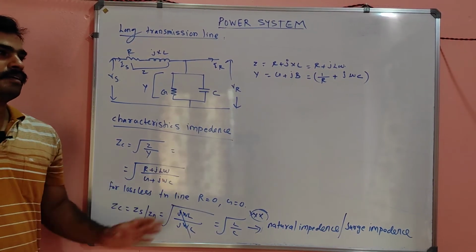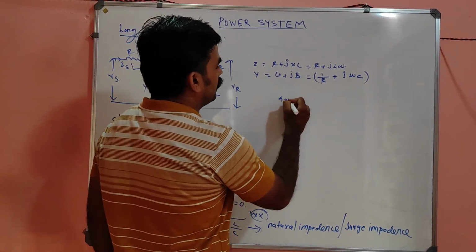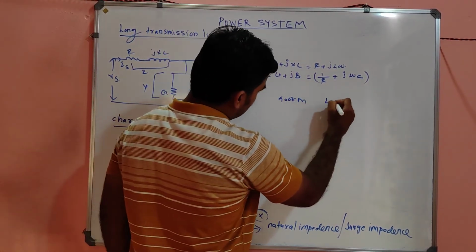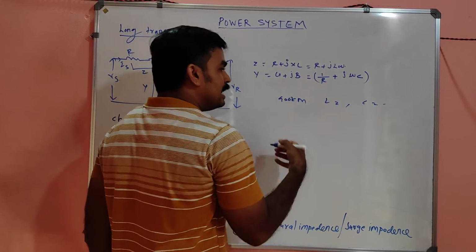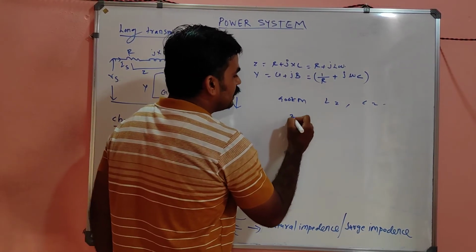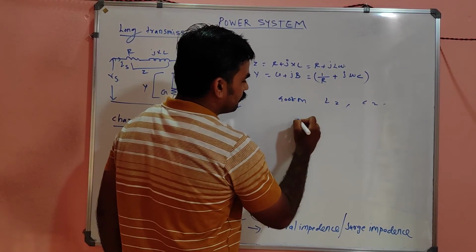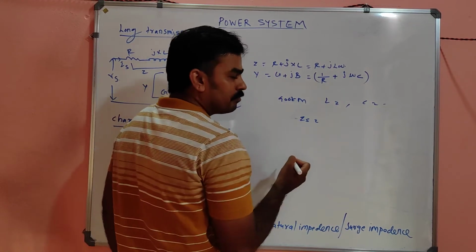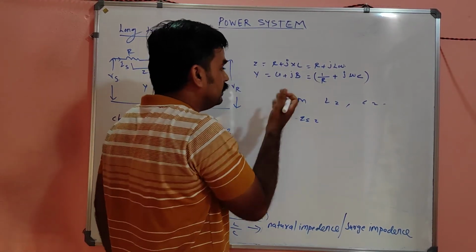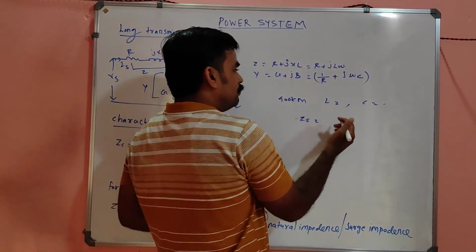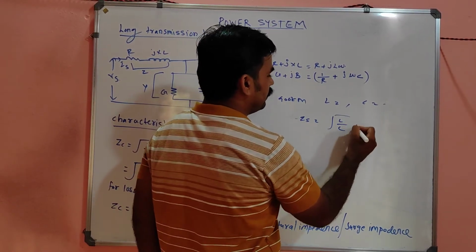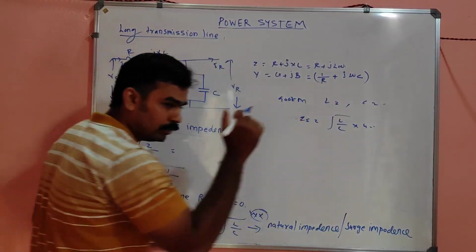They give a 400 kilometer transmission line having L equal to this much and C equal to this much, and ask you to calculate the value of the surge impedance. You will think, oh my god, the length will be there now. Sometimes you may multiply root of L by C with 400. Wrong.